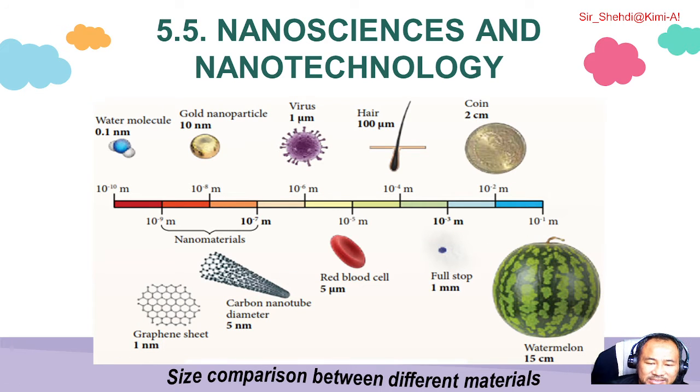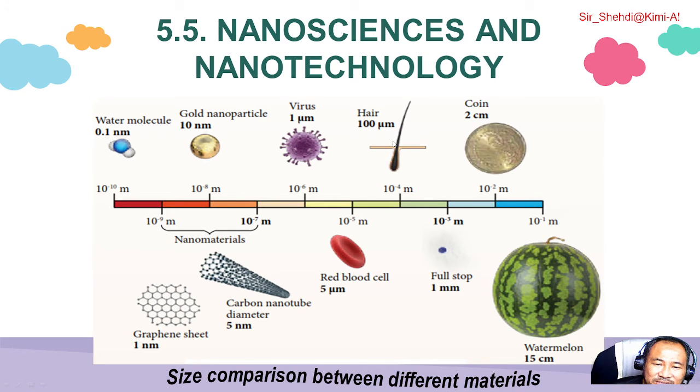Okay, this is the size comparison between different materials. So this is your watermelon, let's say the diameter is 15 cm. Your coin size, let's say 20 cent, 2 cm. And then your dot, when you write your essay or composition in English or in Bahasa Melayu, 1 millimeter or 1 mm.